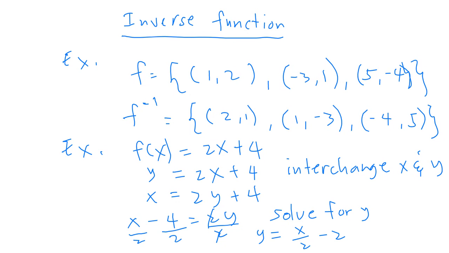And that's our inverse. We can write our final answer as f of x to the power of negative 1, that's the symbol, equals x over 2 minus 2. So that would be the inverse of the function f of x equals 2x plus 4.